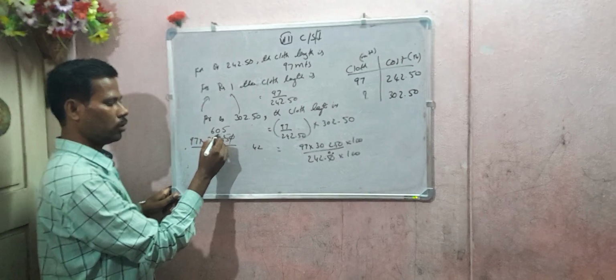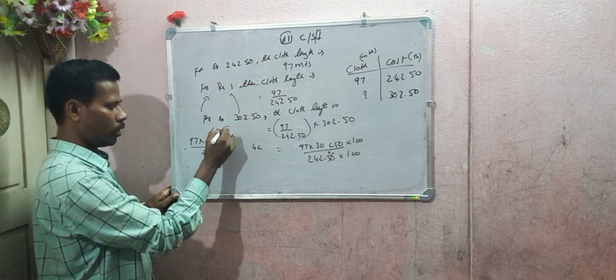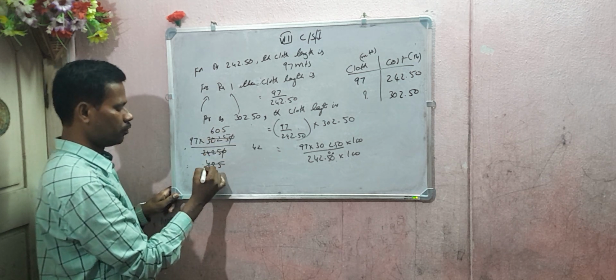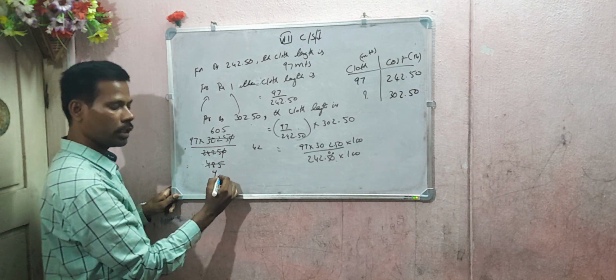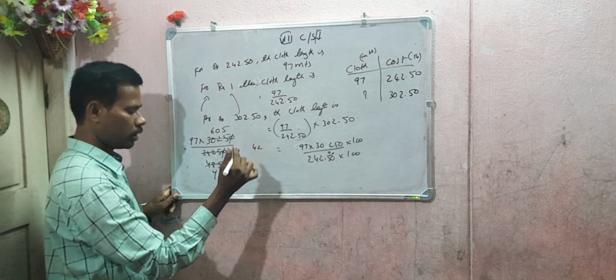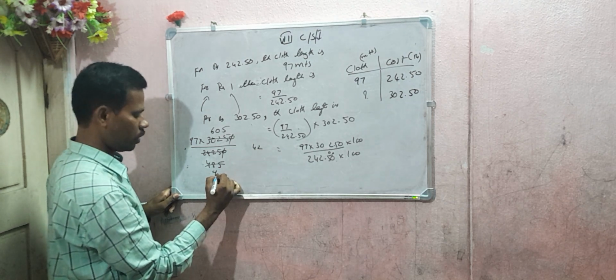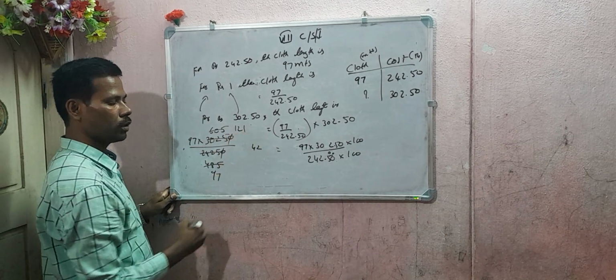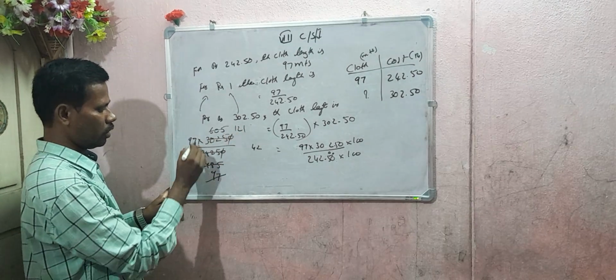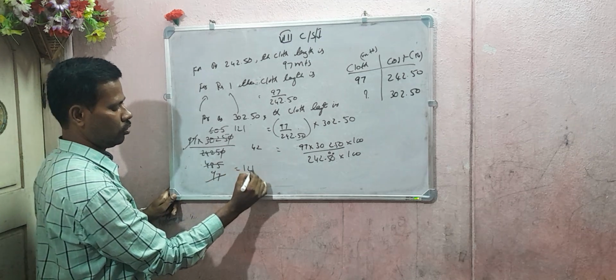Next again 5 5s, you can cancel. 5 9s are 45, 5 7s are 35, 5 13s are 65. 97 and 97 cancel. So 121.